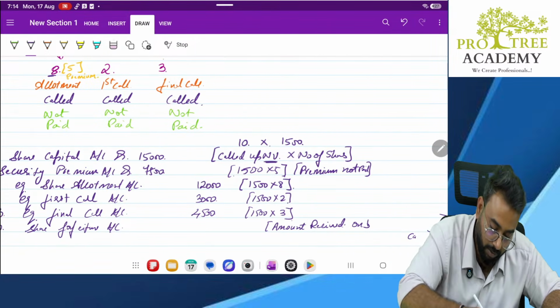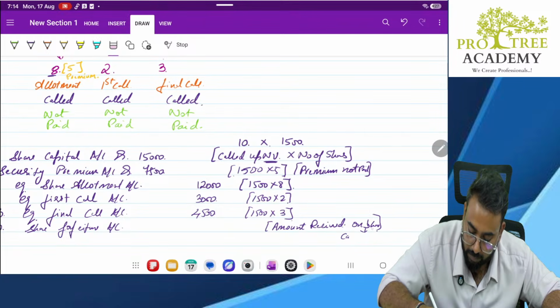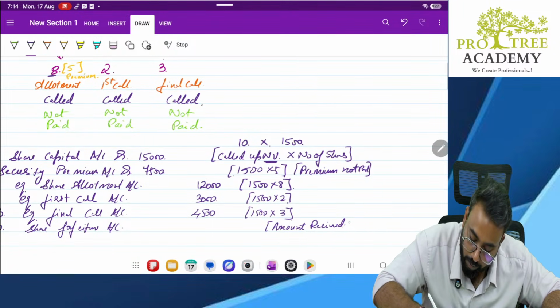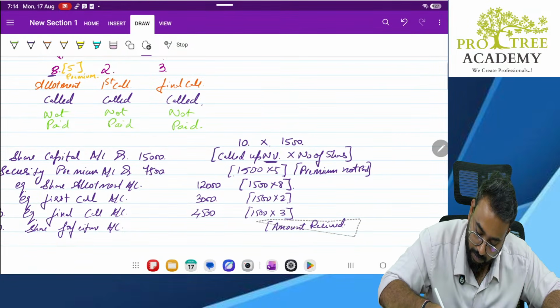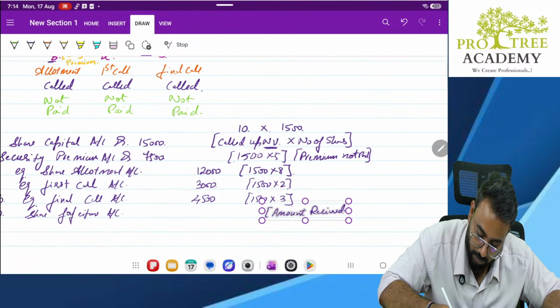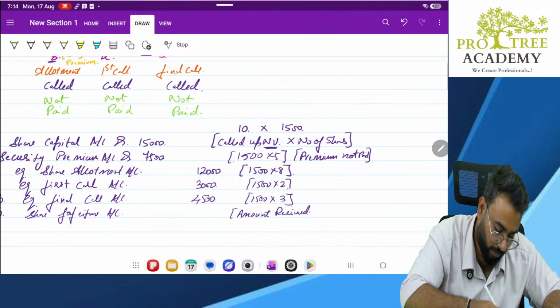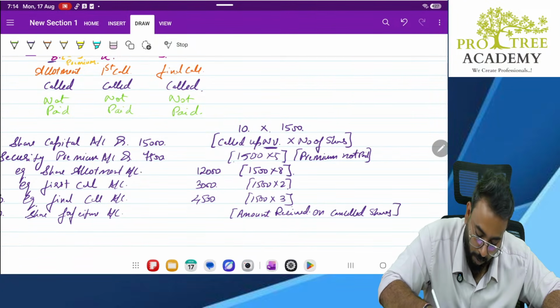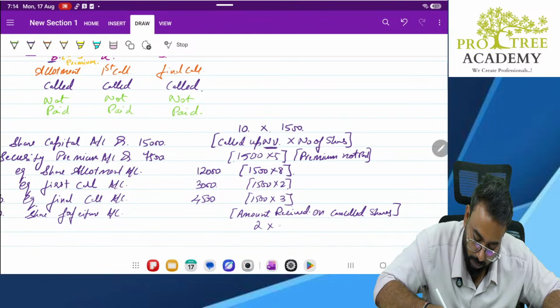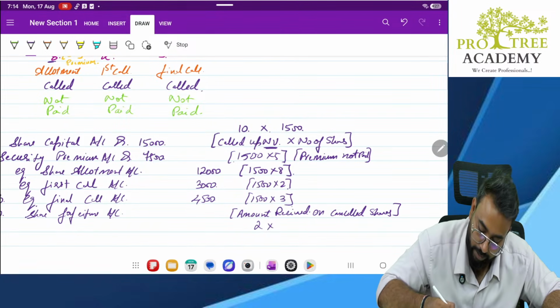You can write it down. How much is that? 2 rupees into 1500.